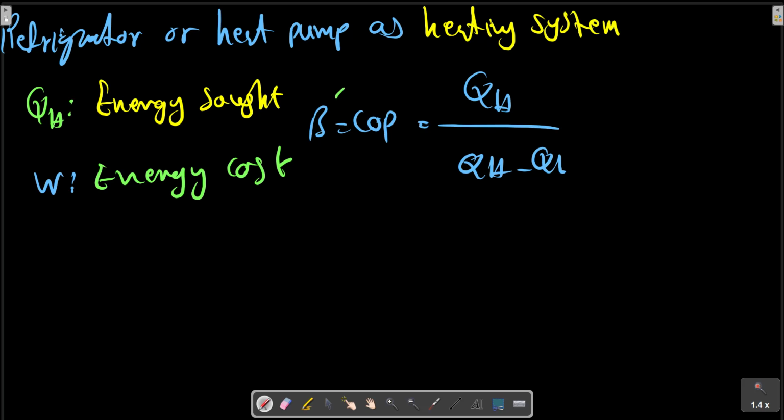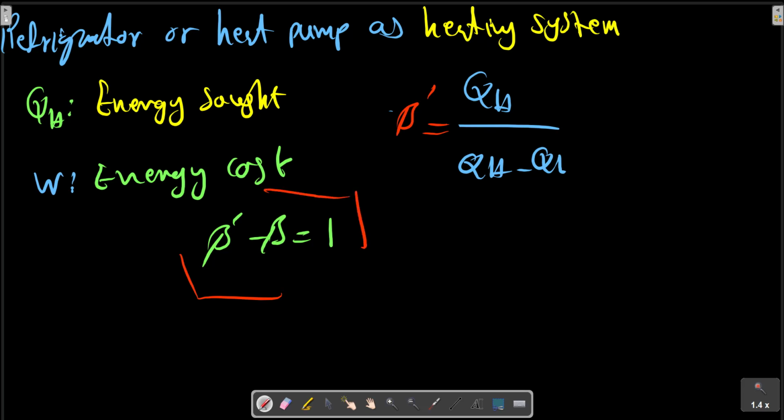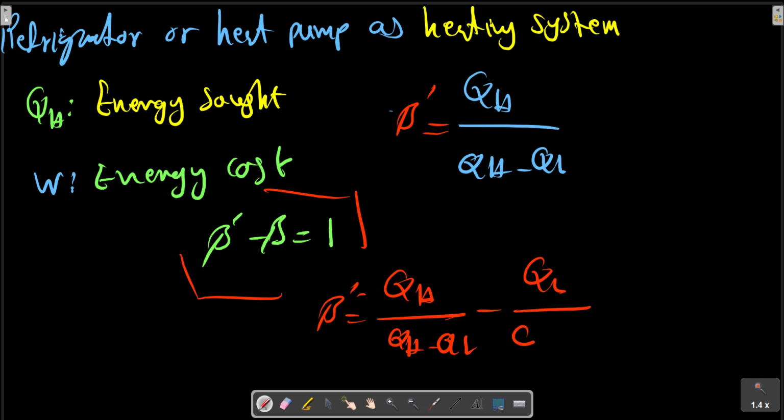It also follows that for a cycle, beta prime minus beta equals 1.